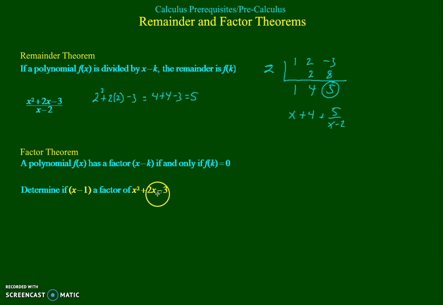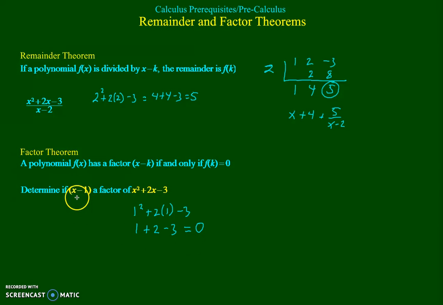So the way we do that is to say f of k, k being 1 here, if we evaluate this at the value of 1, the x value of 1, and this comes out to be 0, then this is in fact a factor. So evaluating this at 1, 1 squared plus 2 times 1 minus 3 gives us 1 plus 2 minus 3. That's 1 plus 2 is 3, minus 3 is 0.